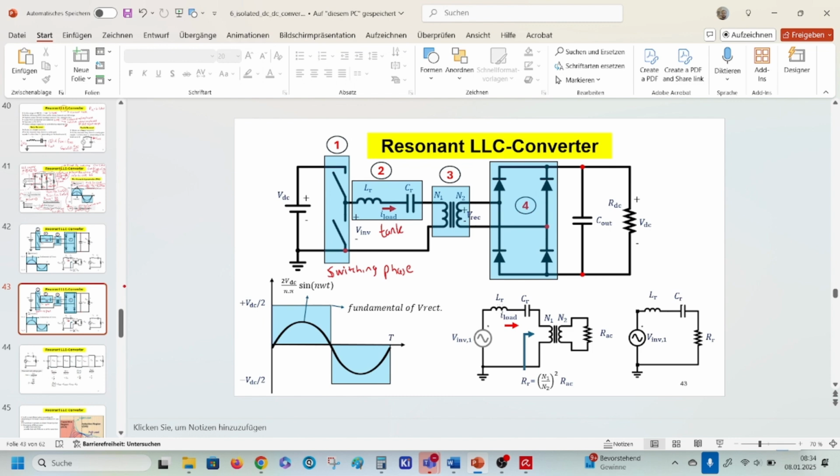And the third one is our transformer that steps up or steps down our output voltage. And the fourth one is our rectifier.